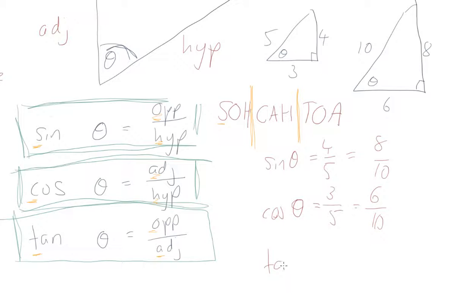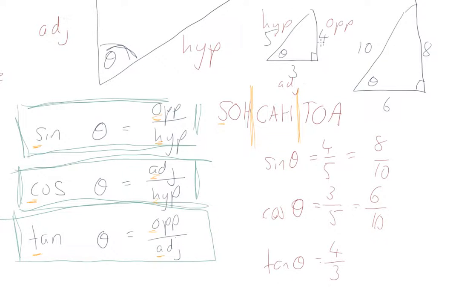Lastly, tan. Tan is going to be opposite over adjacent. Opposite's 4. Sorry, I labeled it opposite, hypotenuse, and adjacent. Opposite over adjacent, TOA, tan, opposite on adjacent. Opposite's 4, adjacent's 3.